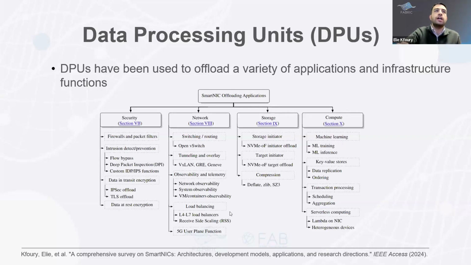For storage, you can accelerate the NVMe over Fabric initiator offload, and the target. For compression, you have different algorithms that are available, and you have some for compute. For example, if you are doing machine learning, you want to accelerate the MPI primitives, you can do so, key value stores, and so on.